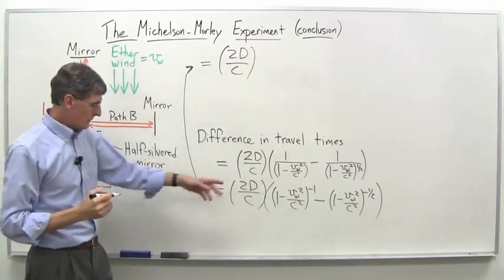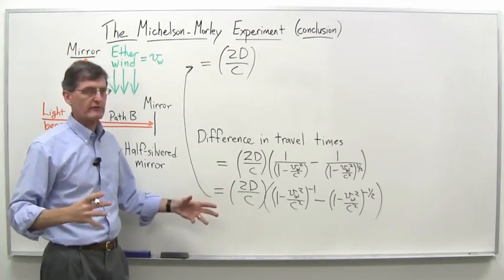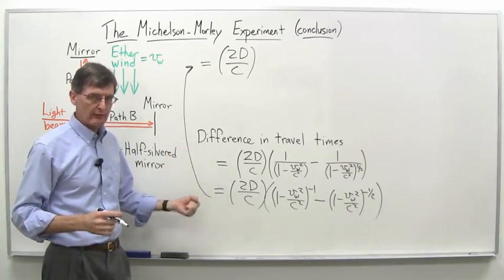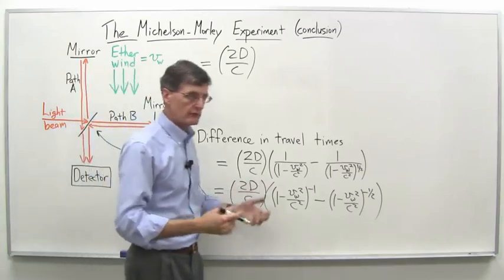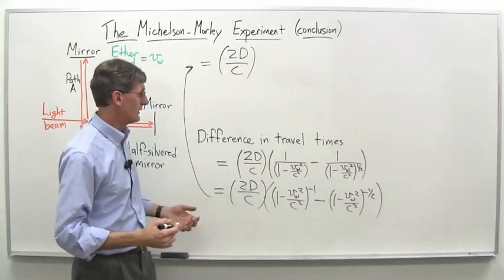Now, here's where we use a mathematical technique that physicists love to use when they can. Remember we talked about the binomial expansion, from the first video clip on the Michelson-Morley experiment.